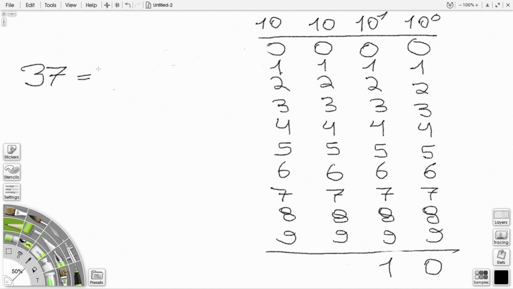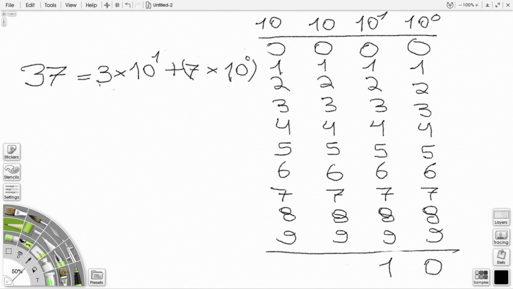Well, we have 3 tens elevated to 1. And what is the amount of tens elevated to 0 that we have? Well, we have 7 tens elevated to 0, right?